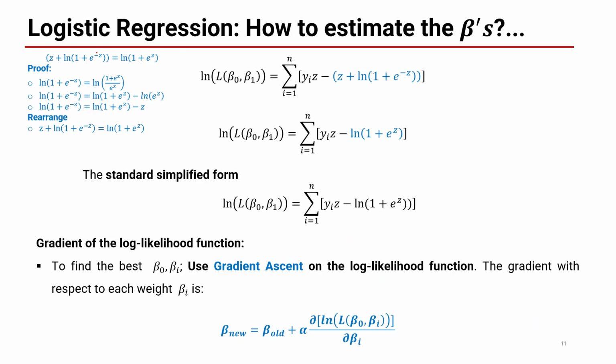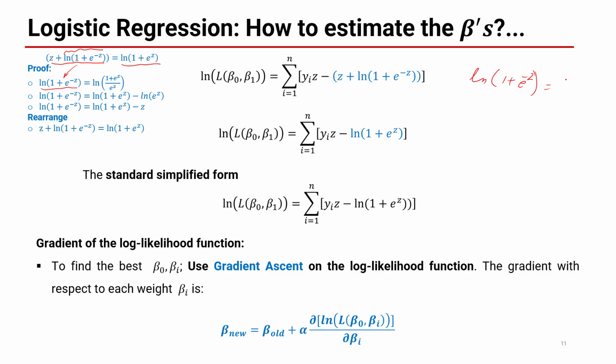Okay, so how can we do that? I would like to prove that this term is basically equal to this one. Okay, so from this term I have taken this particular value, and I can write that this one is equal to this one. So how can you write this part, that is ln 1 plus e power minus z.